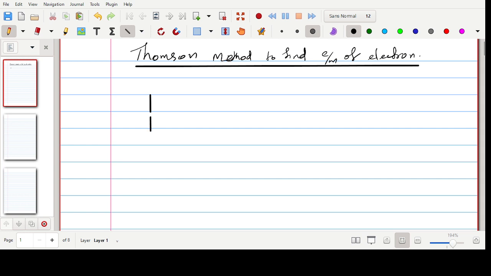Several anodes are used for accelerating the beam. I am taking this as one anode, the last anode. Before that we have several anodes, and from this anode the electron beam is ejecting, and I am drawing the electron beam ejecting along this direction.